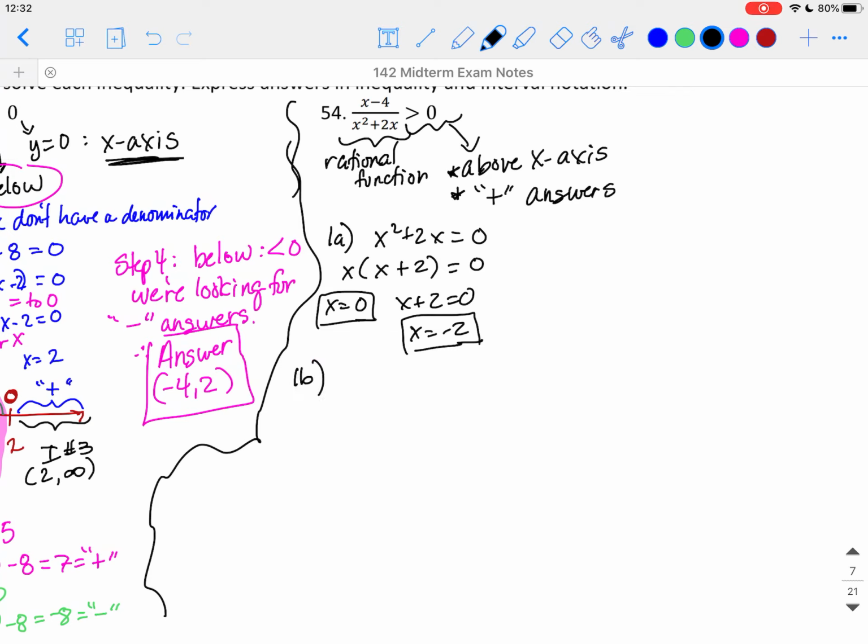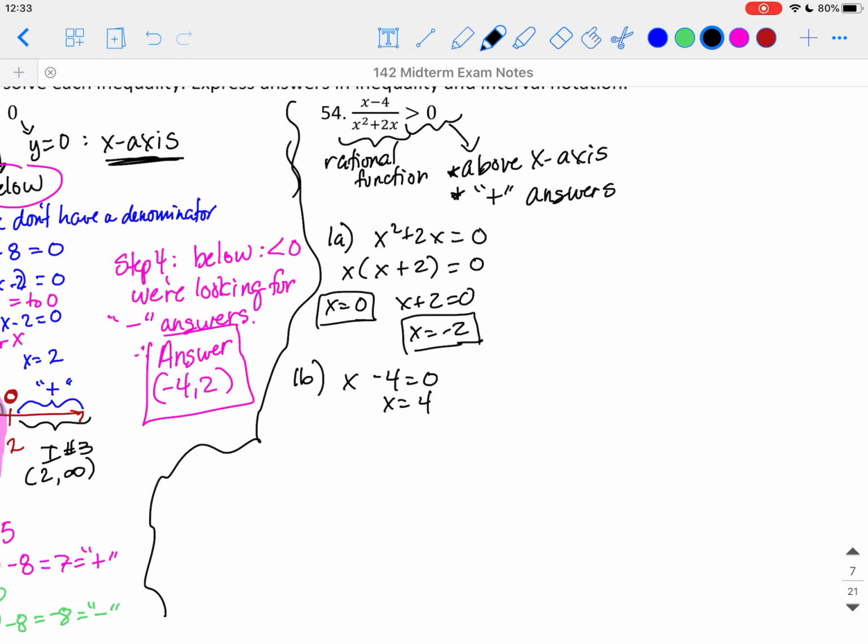For 1b, we set the numerator equal to 0 and we solve for x. So what we know from 1a is that at x equal to 0 and x equal to negative 2, we have a break in the graph. And it's going to be vertical asymptotes because there's no factor that's the same in the numerator.